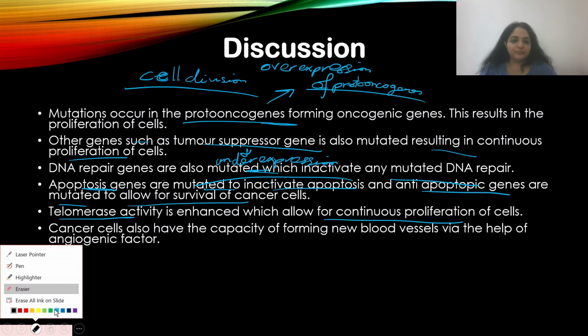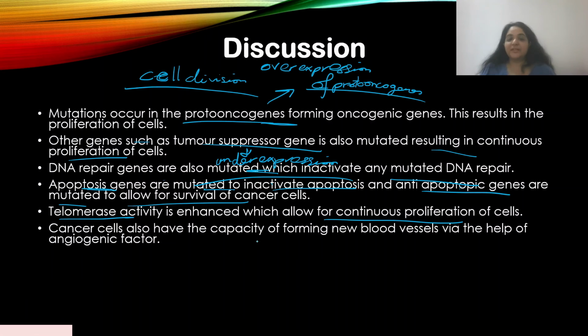Now, cancer cells also have the capacity of forming, now this is another characteristic of cancer cells, they have the capacity of forming new blood vessels. Okay, via the help of angiogenic factors. Okay, just to let you know, now if tumor cells are being formed here, it has the capacity of forming new blood vessels to supply blood. Now it needs to survive. Okay, now it's become like a tumor.